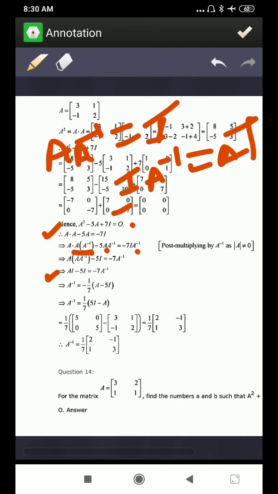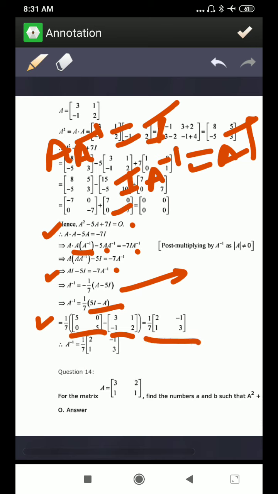So we can write A inverse is equal to 1 upon 7 times (A minus 5I), with a minus sign. Now you have the value of A as well as I, so just calculate. I've taken the negative sign common, so it will be 5I minus A. So you write it as 1 upon 7 of 5I minus A. This will be the A inverse.